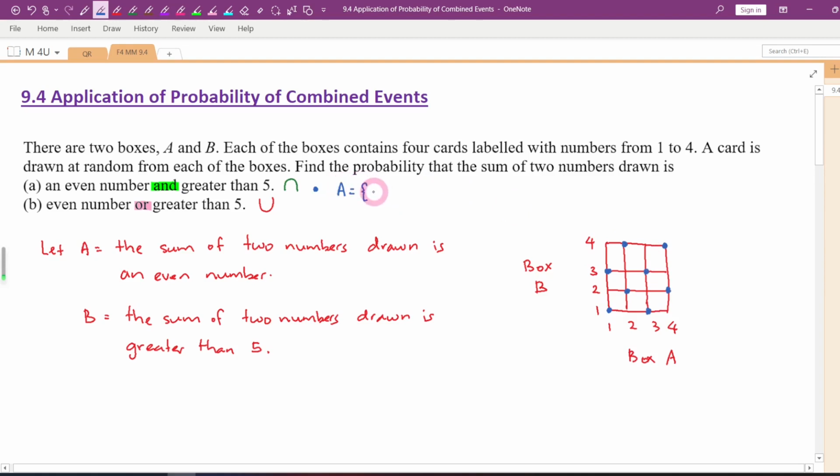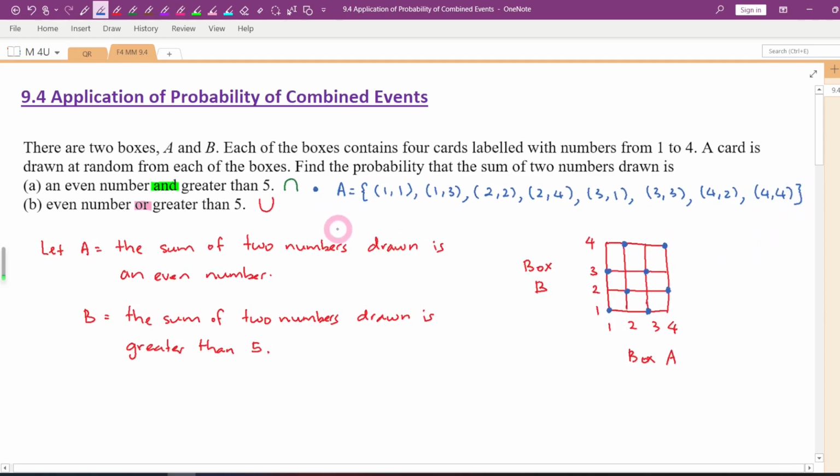Write down all the combination first. 1, 1, 1, 3, 2, 2, 2, 4, 3, 1, 3, 3, 4, 2, and the last one will be 4, 4.